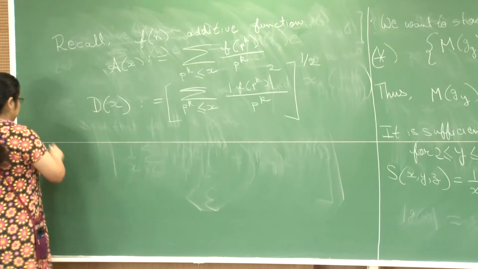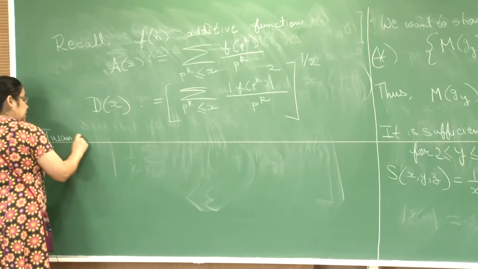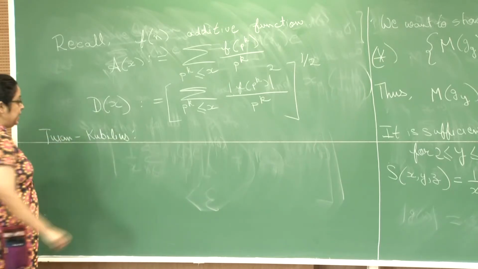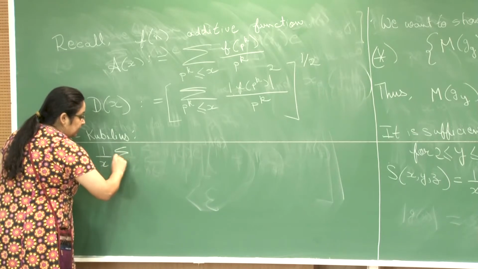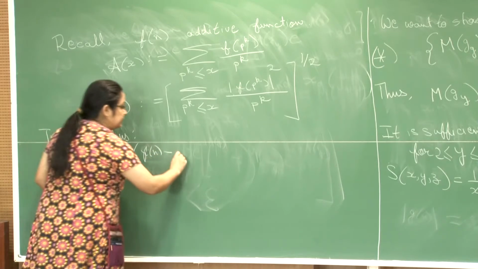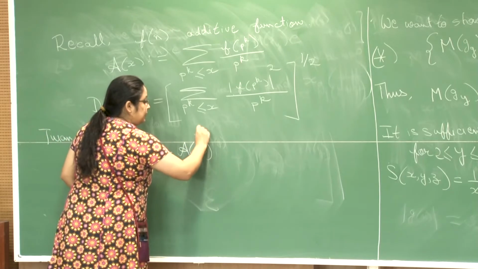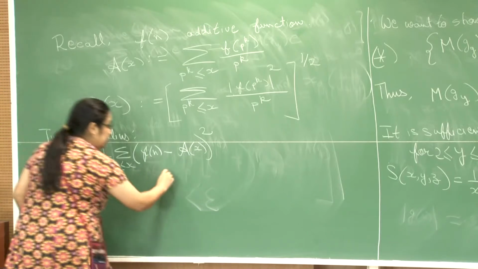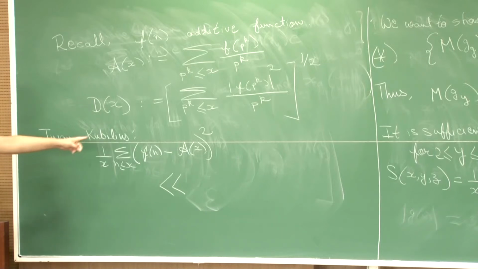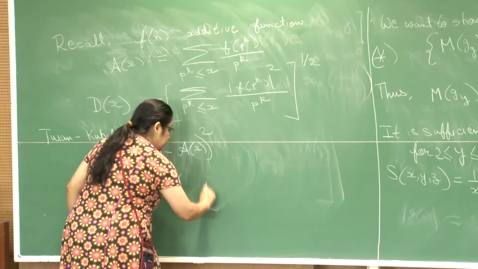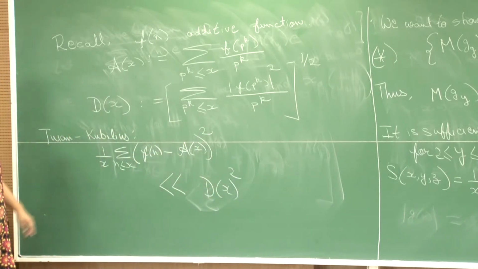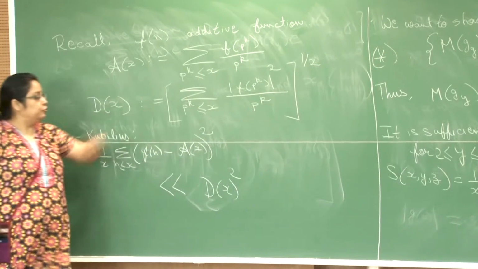And what we have seen before by the Turan-Kubilius inequality is that if you take 1 by x summation of f of n minus a of x whole square, where the implied constant can be derived to be an absolute constant, this is less than d of x whole square, meaning just this particular sum over here.